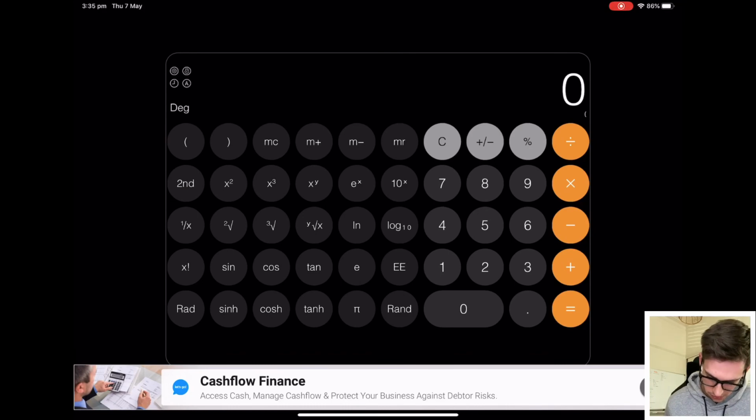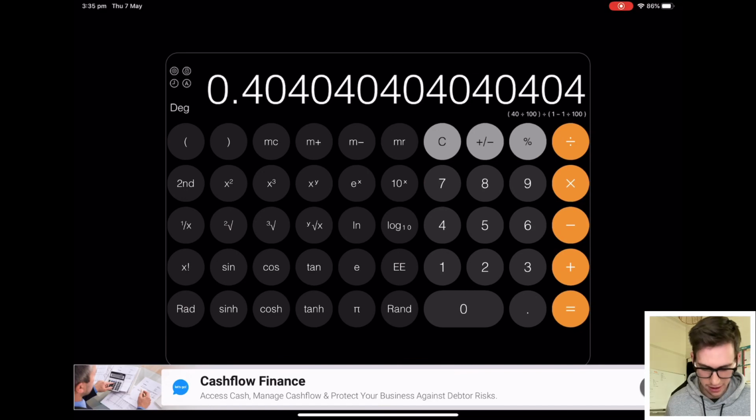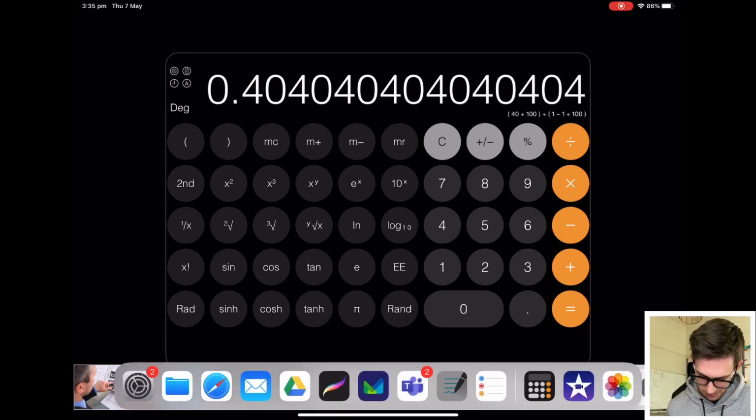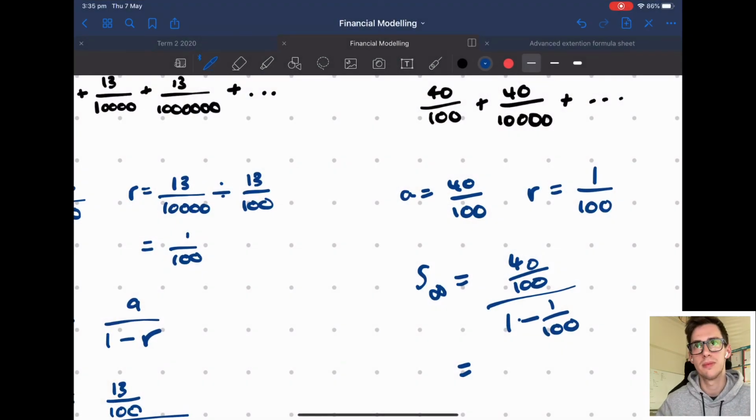Okay, 40 over 100, all divided by 1 minus 1 over 100. And you get 40, 40, 40, 40, 40, but this calculator can't write it as a fraction. I can't leave it there. We're going to have to type it into my calculator.